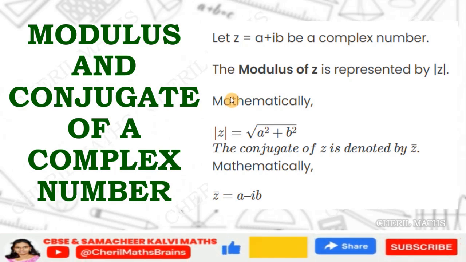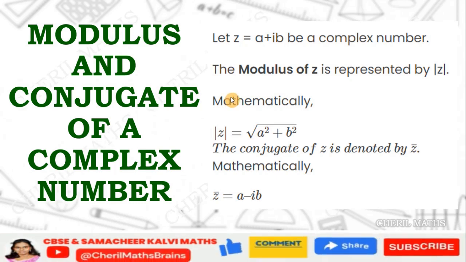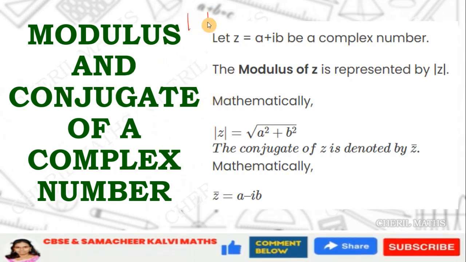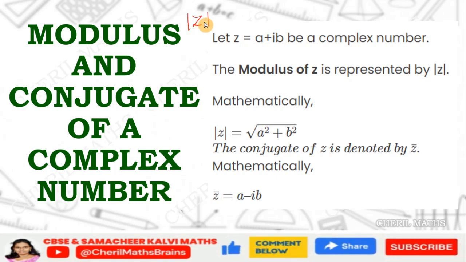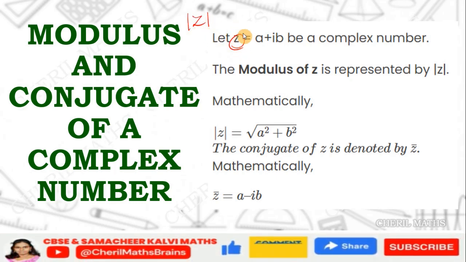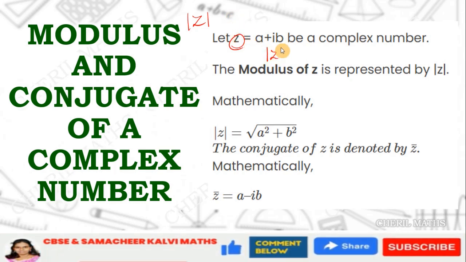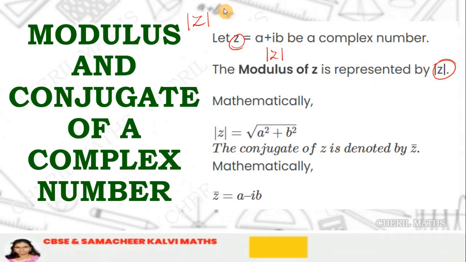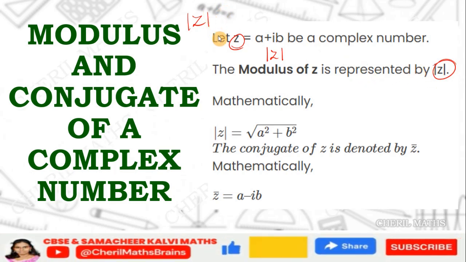The next thing which we are going to learn about is the modulus and conjugate. These are two concepts. When we represent anything as modulus, you draw two lines like this and write that function in between. Here you are learning about complex numbers, so the modulus of z you will represent as one line, z, and one line. What is this value going to give you?